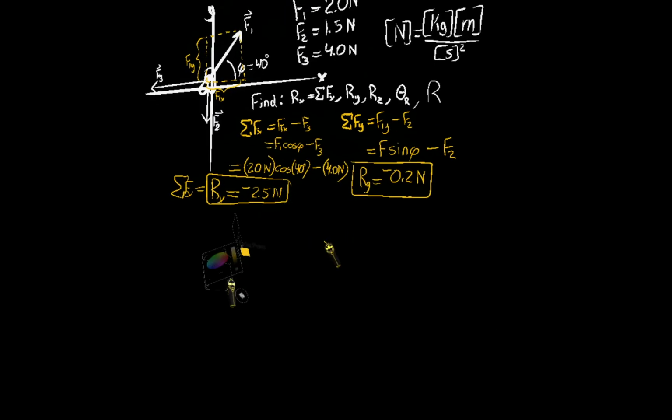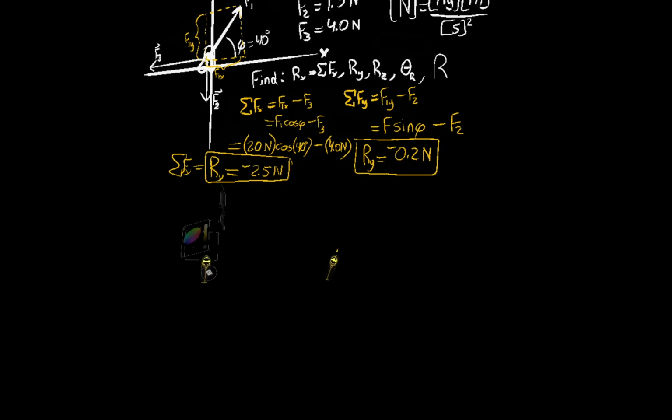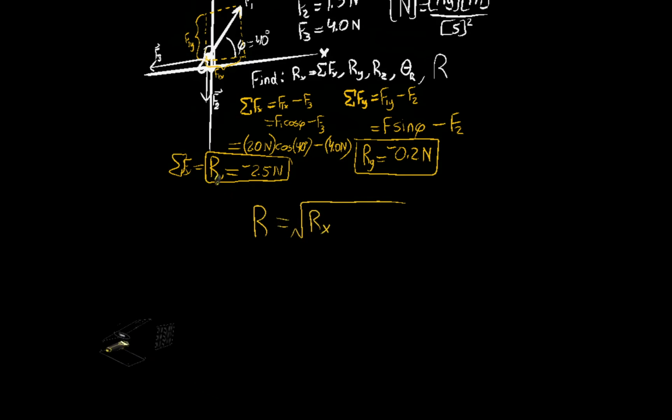Then you would just do the square root of the sum of the squares of the components, right? So Rx squared plus Ry squared. And if you plug that in, you should get 2.5 newtons.